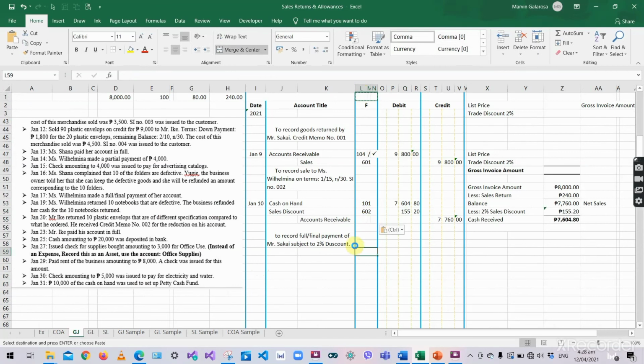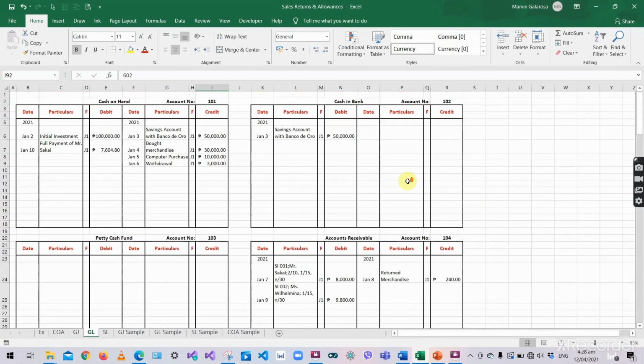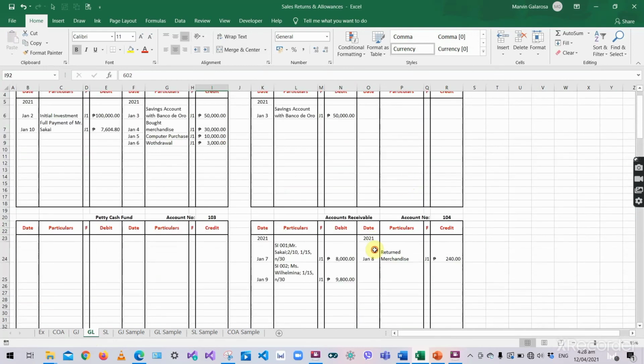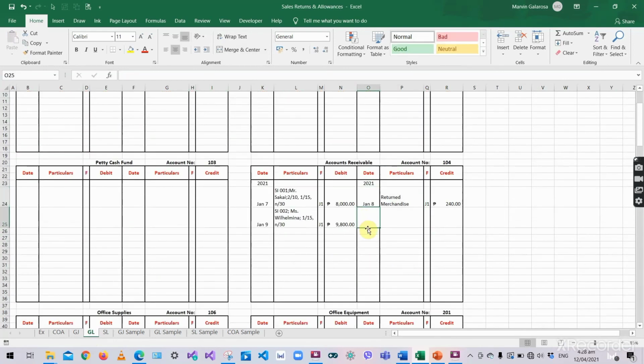Then, accounts receivable naman, credit na 7,760. Sa credit side tayo, January 10. Full or final payment of Mr. Sakay.